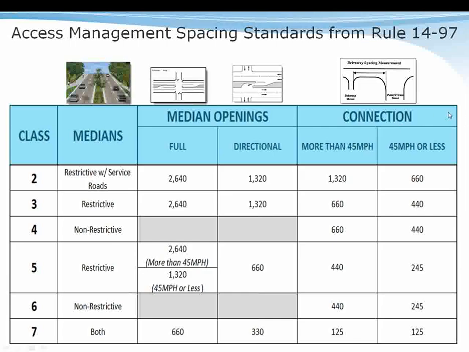We also have connection or driveway spacing standards that are divided by the posted speed limit: our higher speed roadways, which are more than 45 miles an hour posted speed, and those of 45 miles per hour or less.